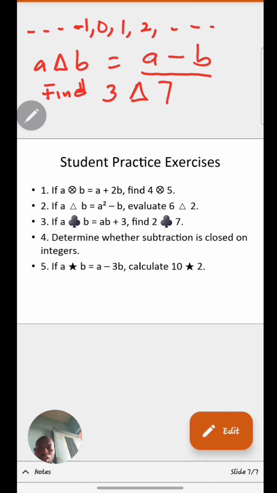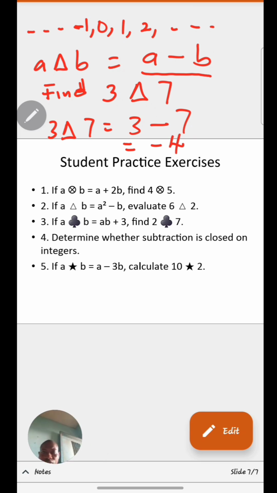So the value of our A is 3. So 3 operation 7 will give us 3 minus 7. What is 3 minus 7? That gives us minus 4. Is the minus 4 that we get an element of integers or not?